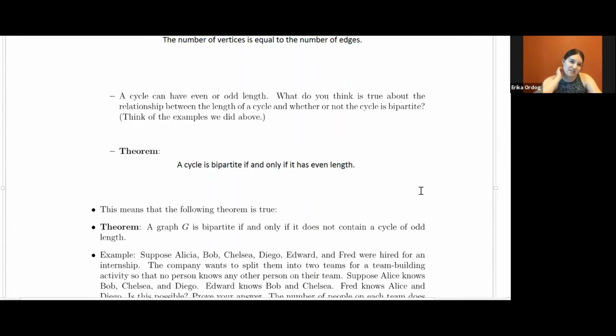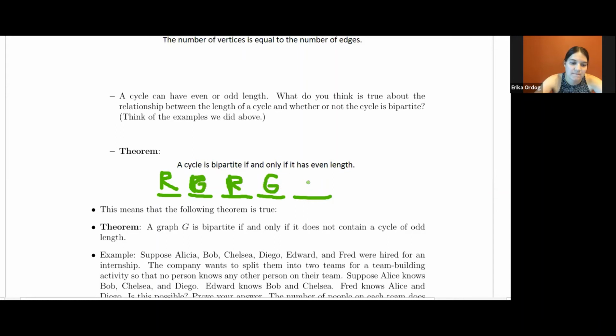So why does this make sense? Well, you can think about a coloring of the vertices in a cycle as just listing out an alternating sequence of red and green. So we make it alternating. Okay, it'll continue on.